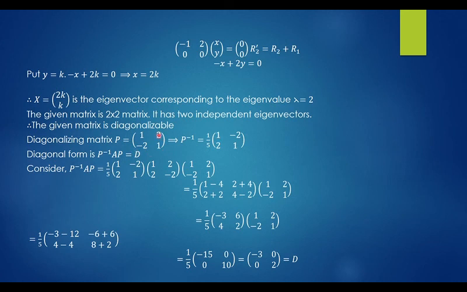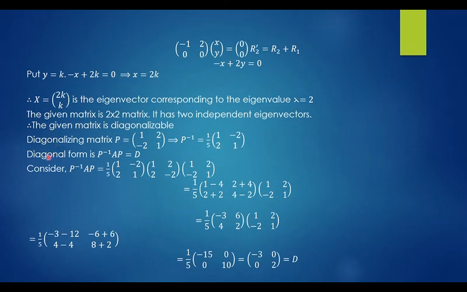Then change the sign of the other diagonal, that means plus 2 becomes minus 2 and minus 2 becomes plus 2. Okay, this is the adjoint of the matrix P. So P inverse is adjoint P multiplied by 1 by determinant P. So this gives the P inverse of the matrix P.